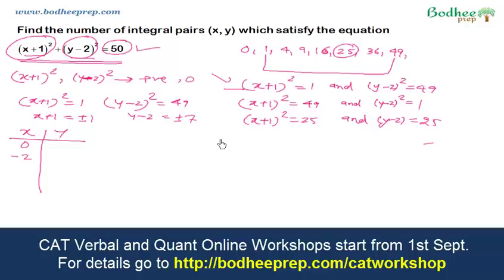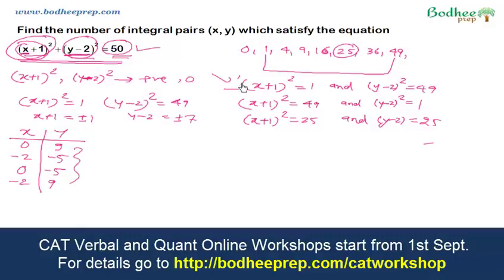So if I take plus 7, then the value of y has to be 9, and if I take minus 7, then the value of y has to be minus 5, right? Or what we could have done is that 0, minus 5 will also satisfy this equation. You can see that if I put x equal to 0, then this term will be 1, and if I put y equal to minus 5, then this term will be minus 7, but the square of minus 7 will be 49, which anyway will give me 50. Or we can say that minus 2 and 9.